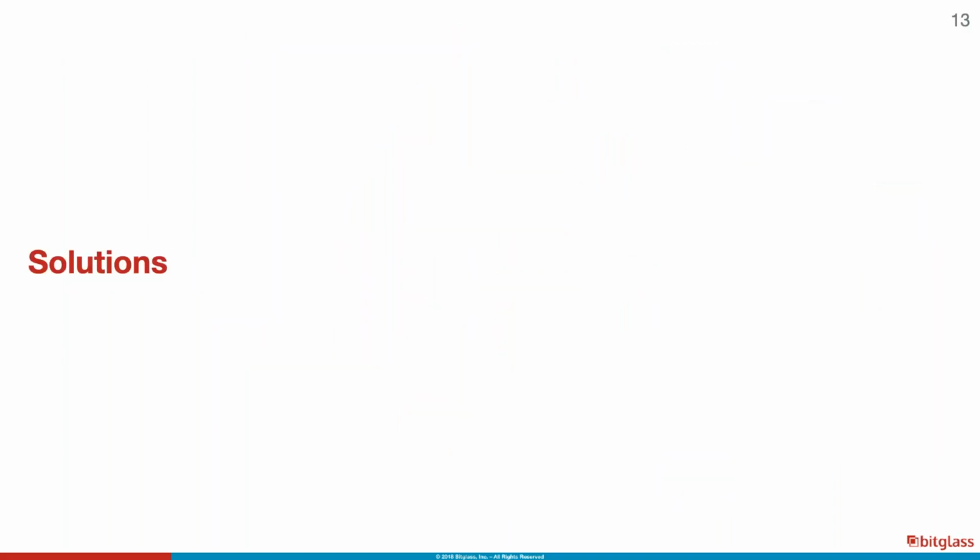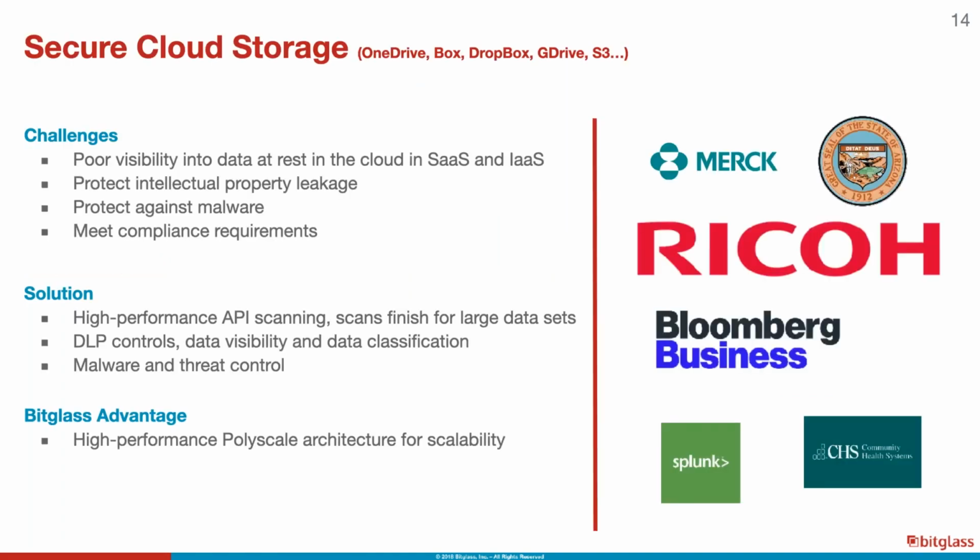So why do you need to think about BitGlass regarding their CASB offerings? For instance, for OneDrive, Box, the storage SaaS applications. In those applications, you have no visibility from the application itself.